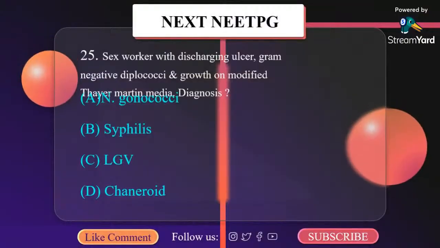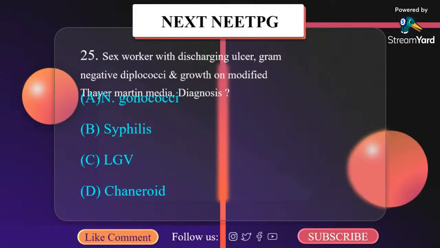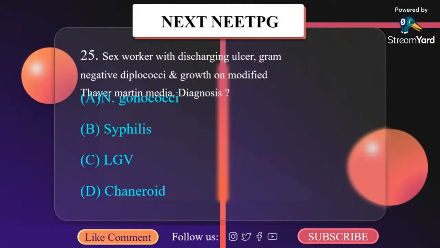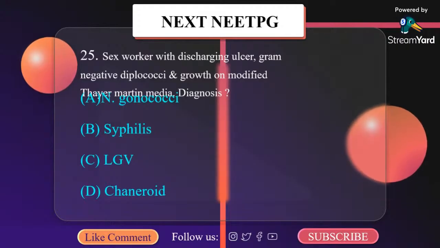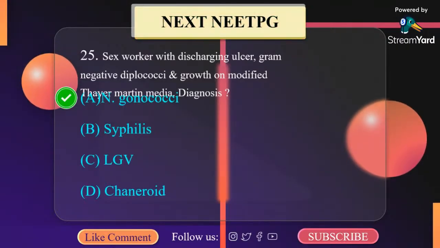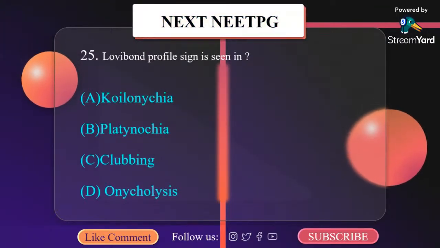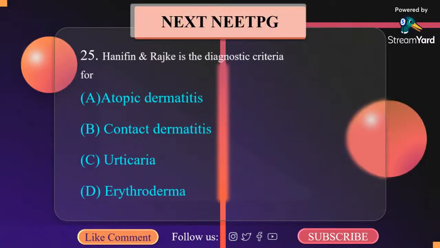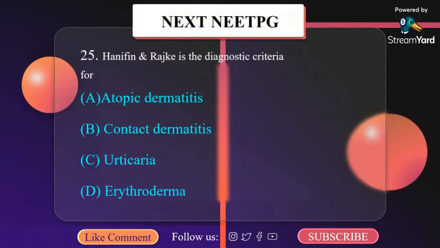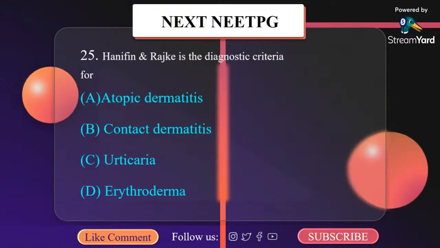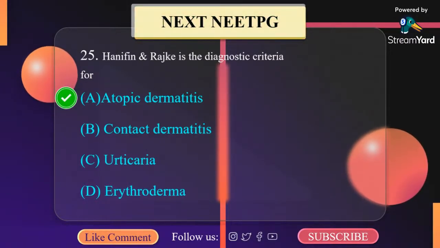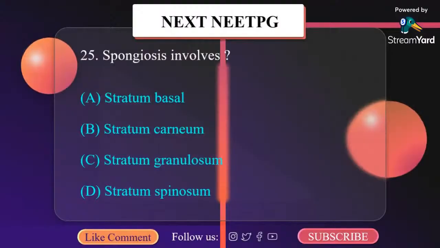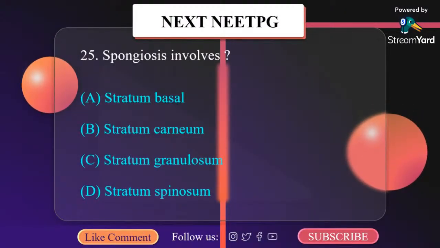Sex worker with discharging ulcer, gram-negative diplococci, growth on Thayer-Martin medium. Diagnosis is: A. Neisseria gonorrhoeae. B. Syphilis. C. LGV. D. Chancroid. It is Neisseria gonorrhoeae. Lovibond profile sign is seen in clubbing. Hanifin and Rajka's diagnostic criteria are for atopic dermatitis. Spongiosis involves: A. Stratum basale.